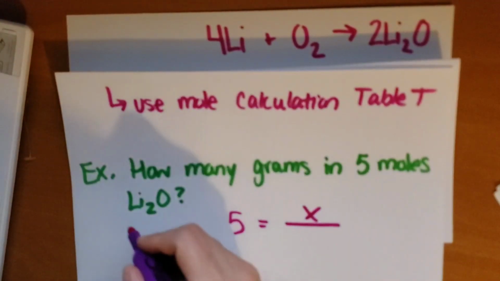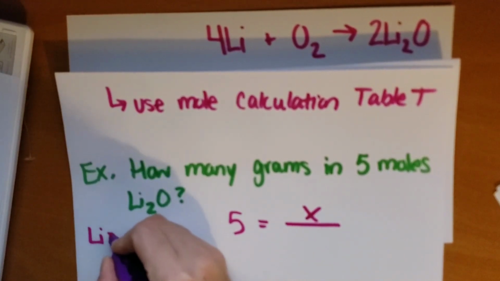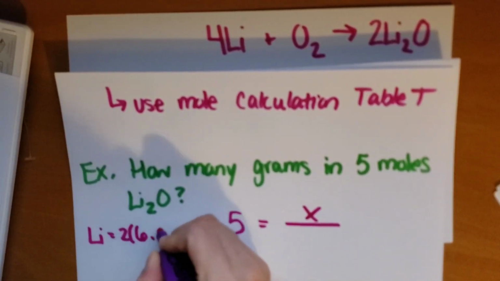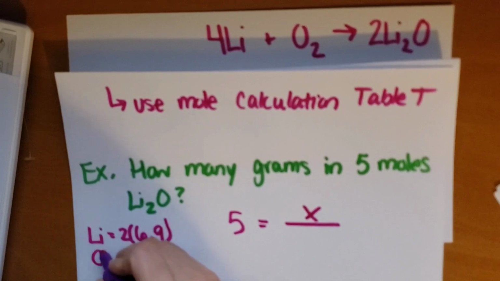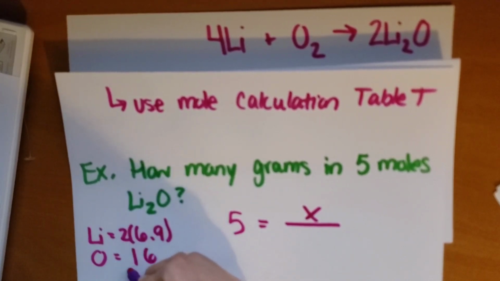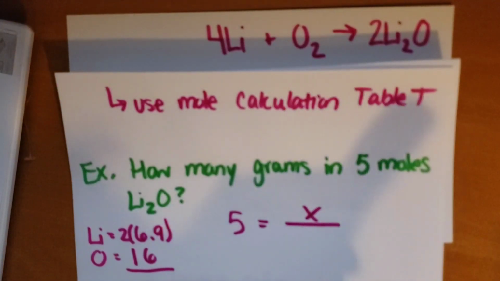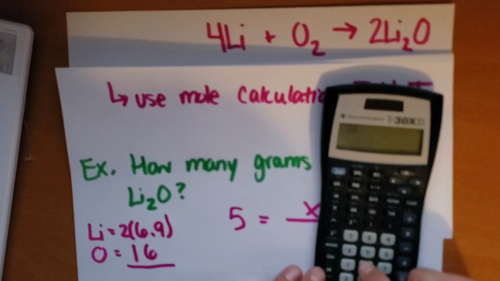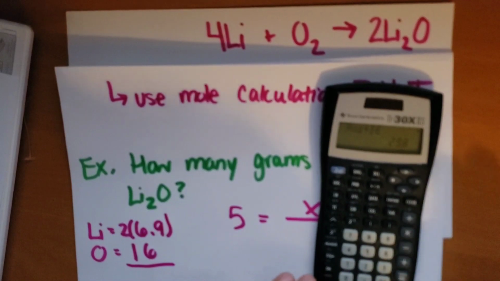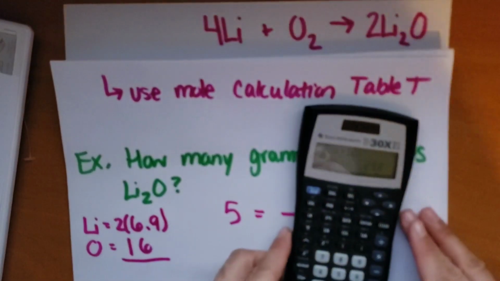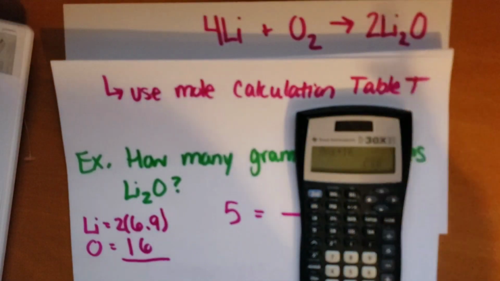So in lithium oxide, we have 2 lithiums and 1 oxygen. And when we use our non-graphing calculator, we will find that our new mass is 29.8 grams.